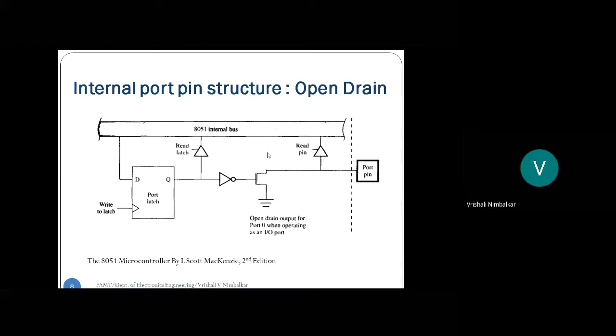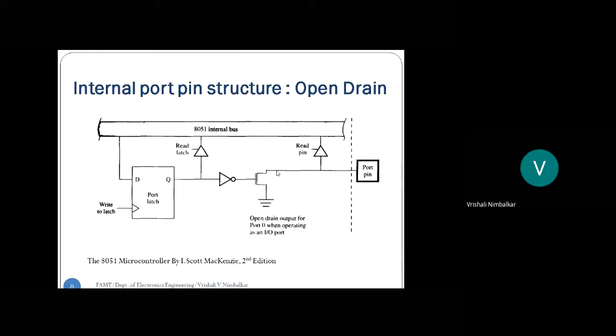And for the drain, there is no circuitry, hence the name open drain. Are you getting me? Now, whenever the MOSFET is on, the pin gets shorted to ground. On means it is a closed switch. Correct? So whenever the MOSFET is on, the port pin gets shorted to ground. See, like this, the port pin gets shorted to ground.